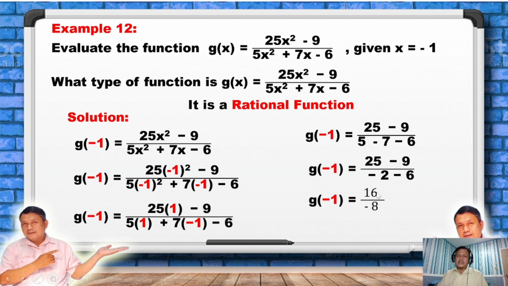Okay, so we have 16 over negative 2 minus 6. Sabi natin, di ba? Kapag magkaparehas ang sign at tayo ay nakay-subtraction, ang gawin na lang, kopyahin ang sign, pero i-add mo ang number. No? So, we have negative 8. Therefore, the final answer is g of negative 1 is equal to negative 2.